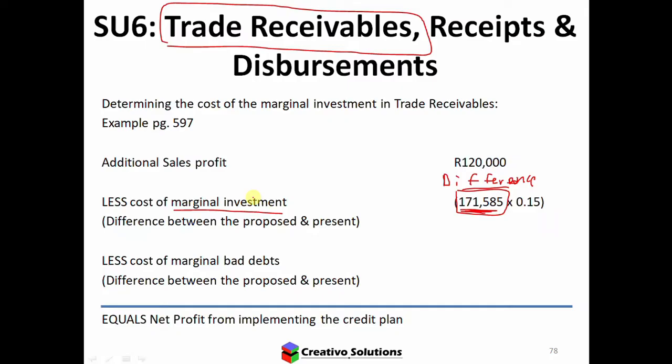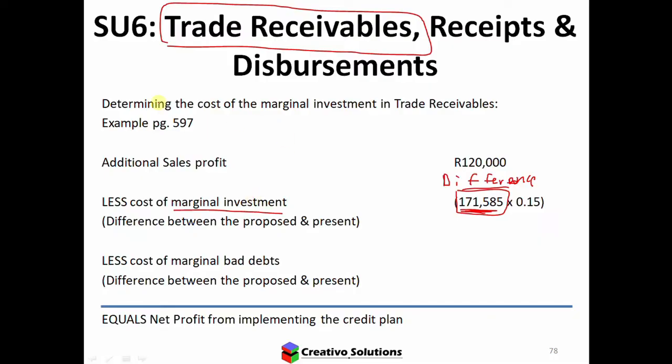On page 598, they tell you currently under the present plan, if you calculate the turnover of trade receivables, in other words, if you take the 365 days a year and you divide that by the 30, which is the current ACP, remember ACP is how long it takes you to collect, you get the 12.12. Remember the context is, what are we doing here?